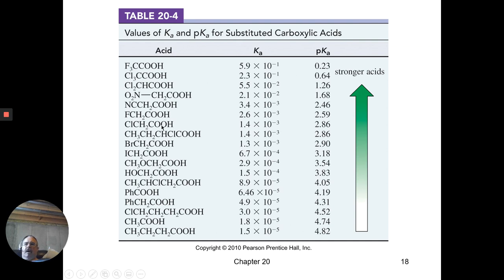Bromo has an effect, but less pronounced, as does iodo. And here's benzoic acid. If we get farther away from the benzene ring, we can see that acidity goes down slightly.